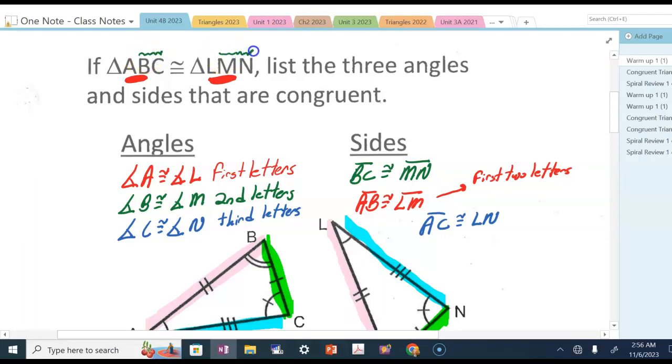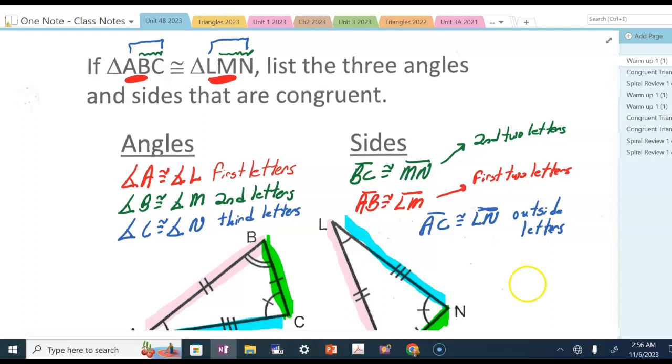They go with MN. So here we have the second two letters. And then for AC and LN, those are the outside letters. So if you weren't given a picture, you still can tell by the congruent statement, and let's take a look at the next problem.